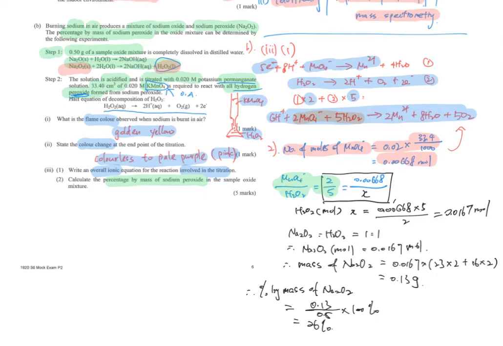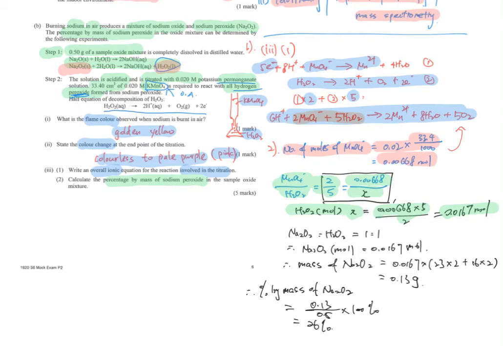Number of mole of permanganate ion is known, that you find out 0.00668, and number of mole of hydrogen peroxide you don't know, so just let it be x. Okay, and then use this rectangular box, so that you can find number of mole of hydrogen peroxide. X equals cross multiply, and find out 0.0167.